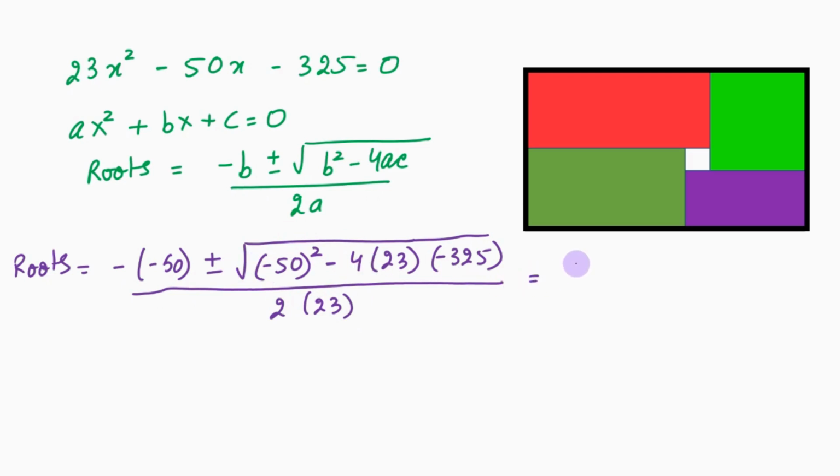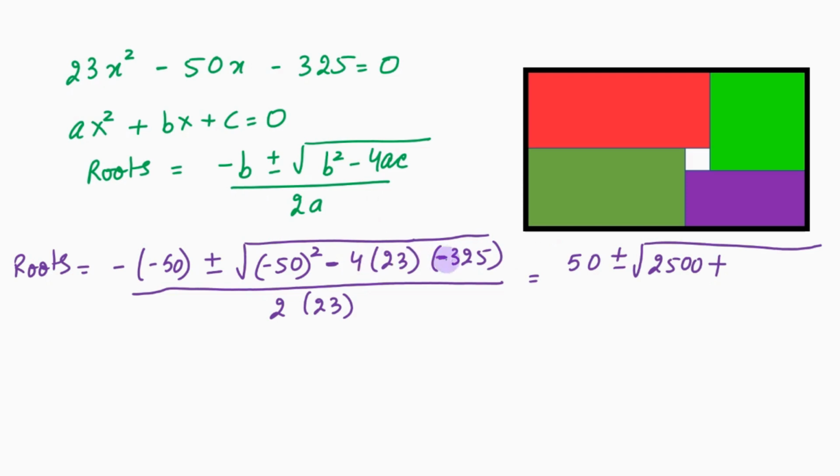Okay. Let's look. Minus of minus 50 will become 50, plus minus under the root of minus 50 whole square will become 2500, and then this negative sign and this negative sign will cancel out each other, and this will become a positive sign.